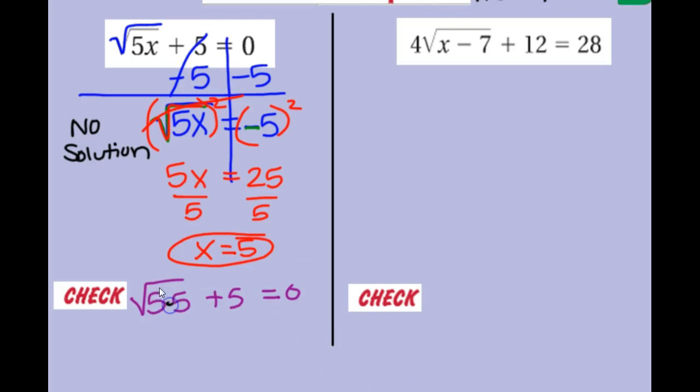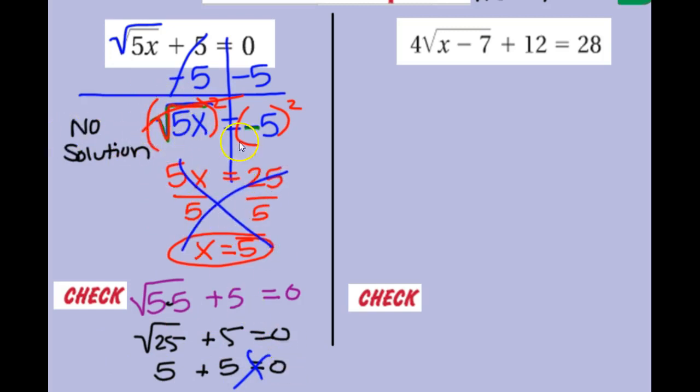Well, 5 times 5 underneath here is 25. And square root of 25 is just 5. Does 5 plus 5 equal 0? Well, no, that doesn't work. So now we know that if we were to continue, this wouldn't work. It wouldn't be a nice answer, so you'd have to stop and just say no solution at this point.